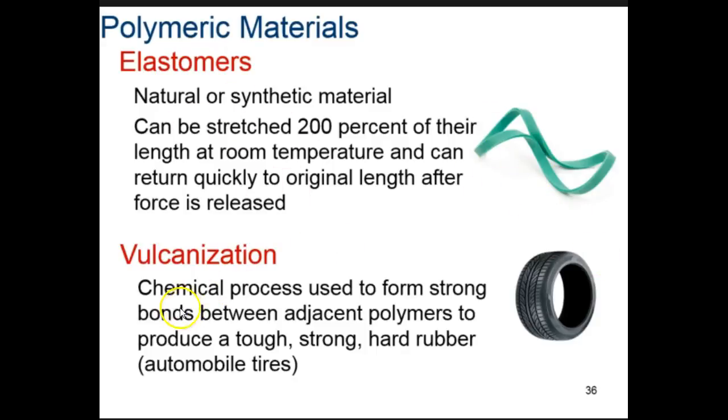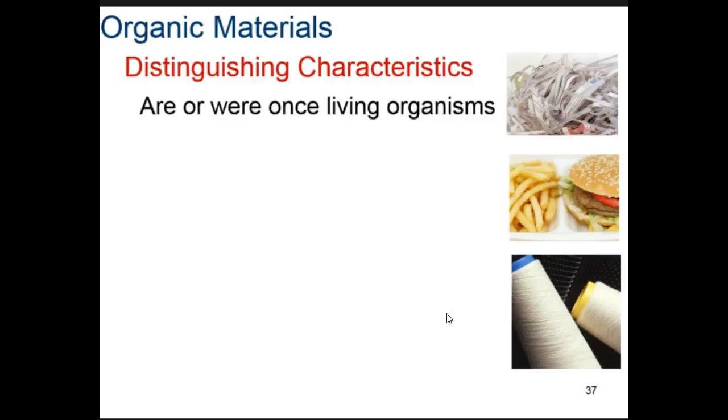Very stretchy. We also have vulcanized elastomers. These have had a chemical process done to them. So they've actually been immersed in chemicals to make them harder. For example, tires.